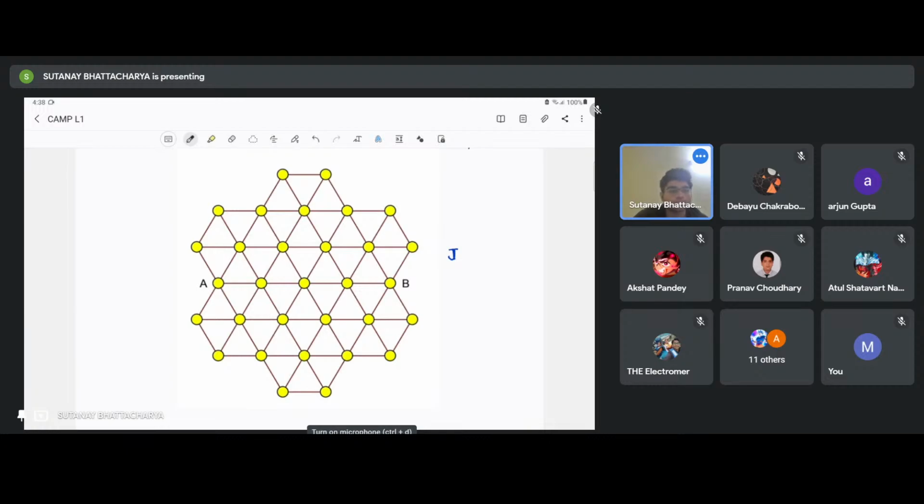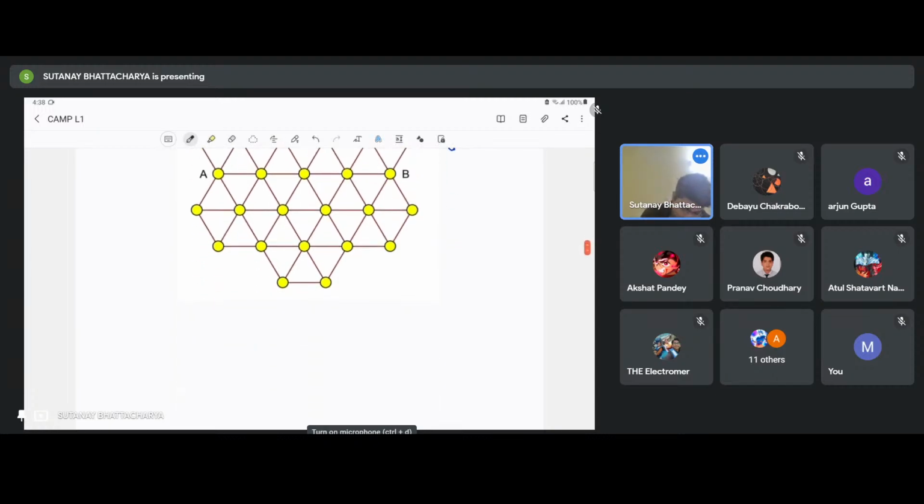So what we are going to do is look at all 4 colorings of J, so that no copy of H has a monochromatic triple.